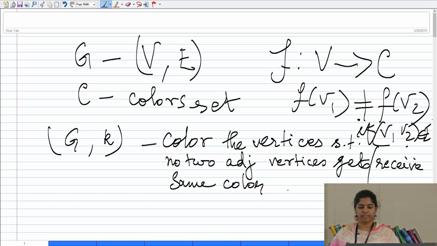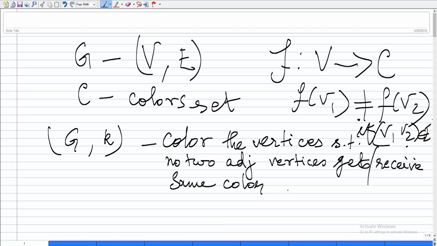So with this condition, how many colors do I need? Suppose we are talking about a graph on n vertices. Here there is one trivial case, that I can color every vertex with a different color, right. This is the other extreme case. It's always a possibility, but we don't want this.